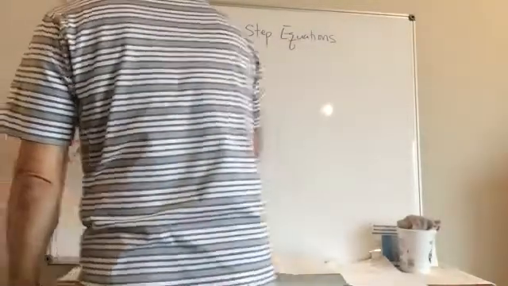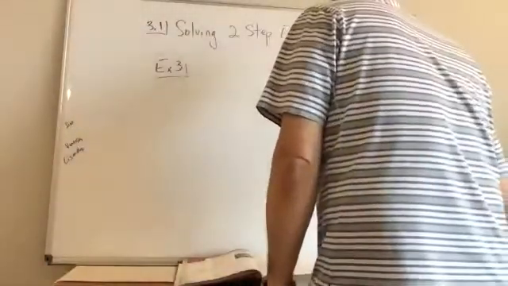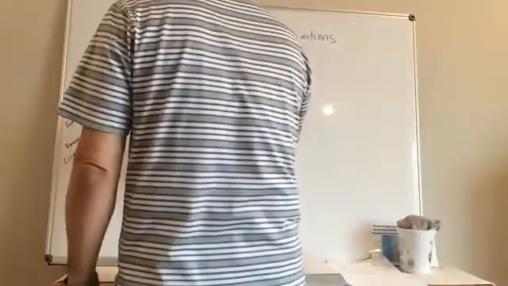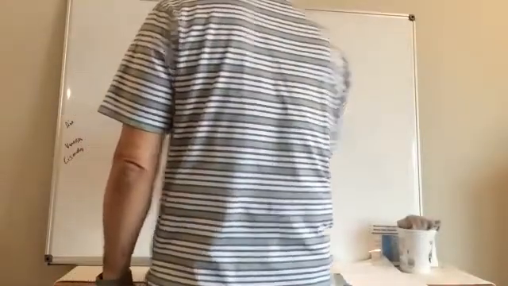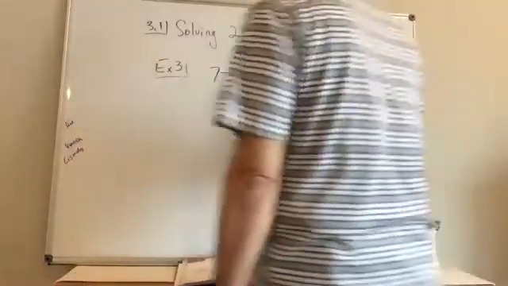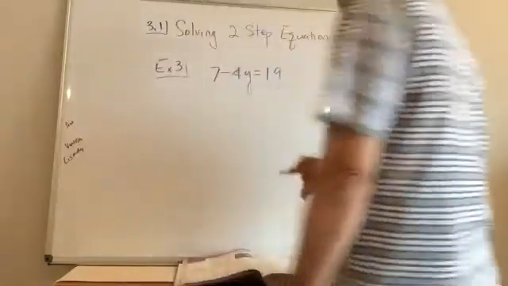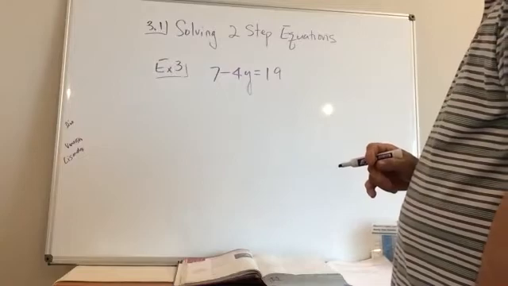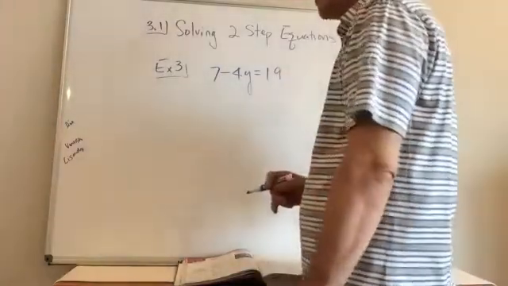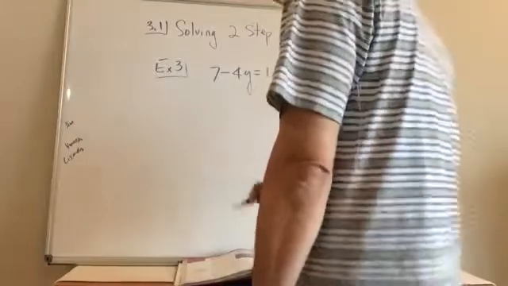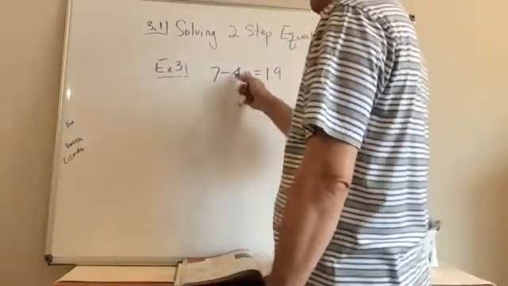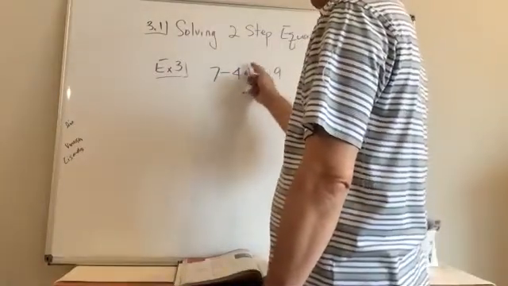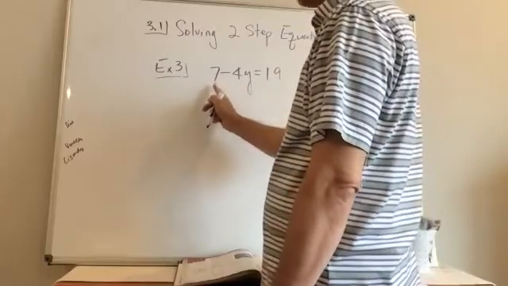Example number 3. We have 7 minus 4y is equal to 19. So how am I going to solve this? I want to isolate the 4y first, which means I want to get rid of the 7.